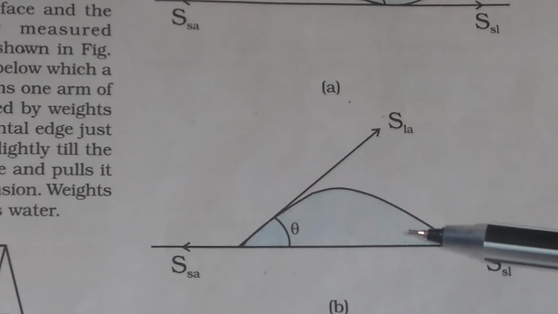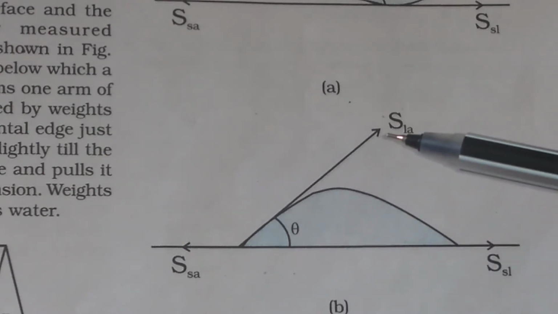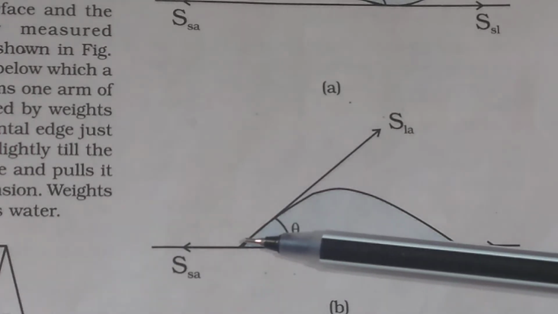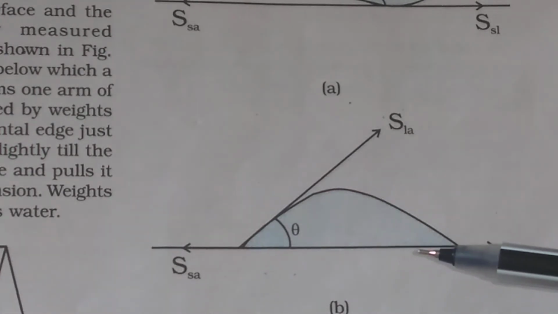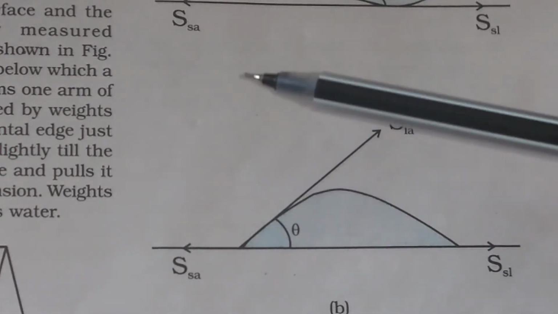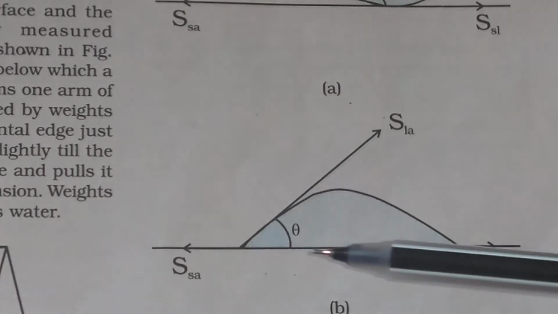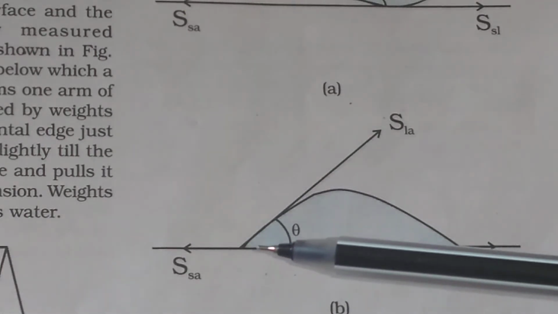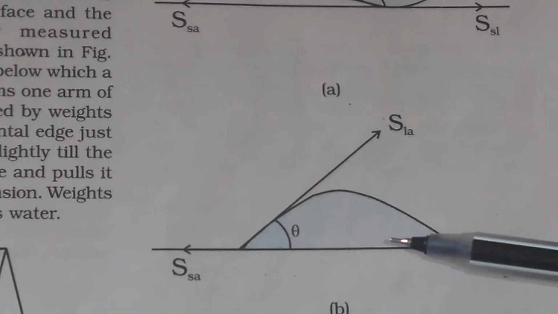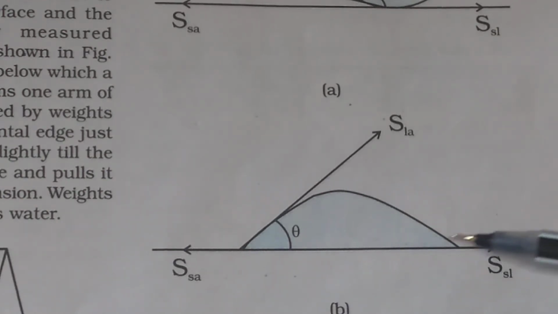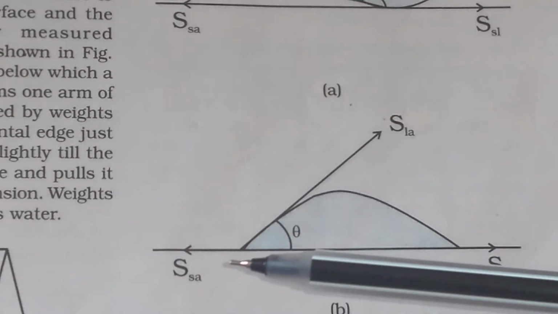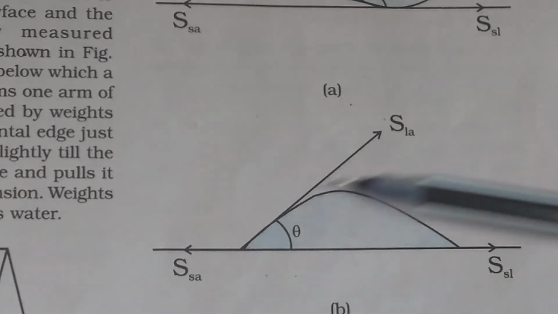If you consider this figure, S_LA has two components, one along this and another along this. Considering the equilibrium condition, this component will be equal to S_LA cos theta. So S_LA cos theta plus S_SL will be equal to S_SA.